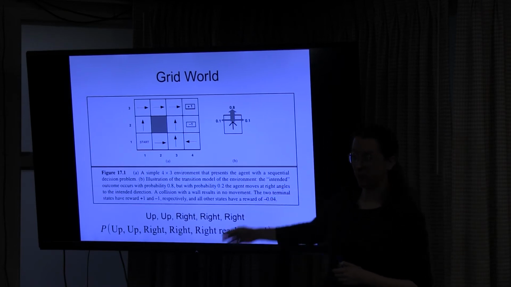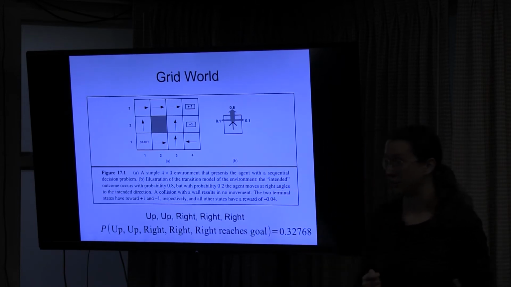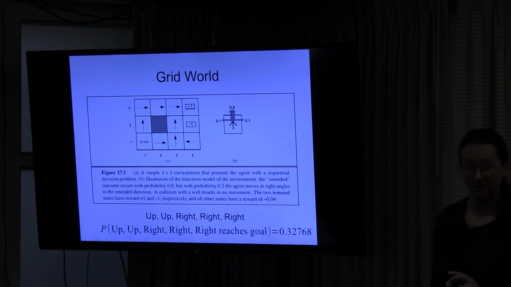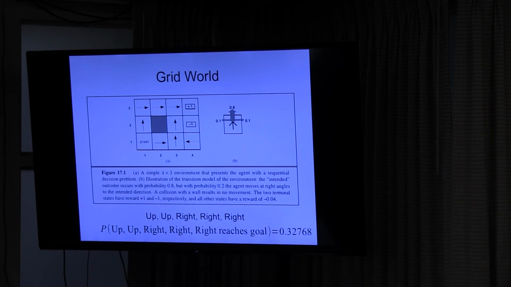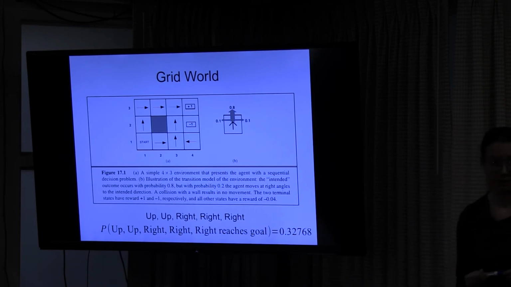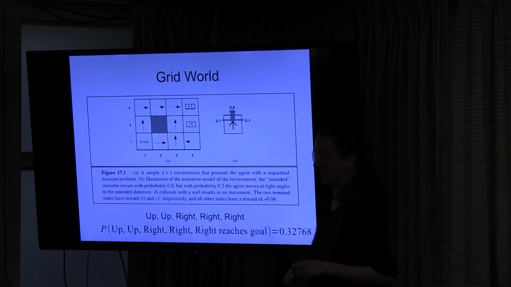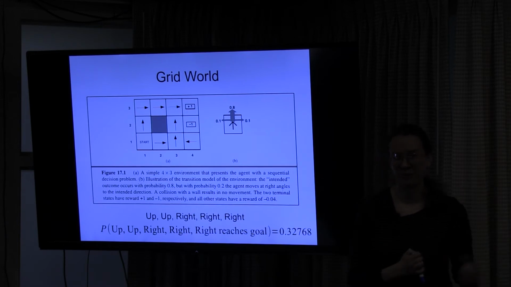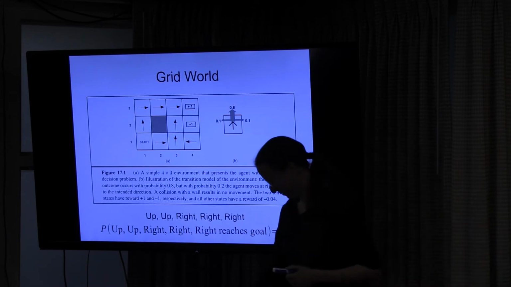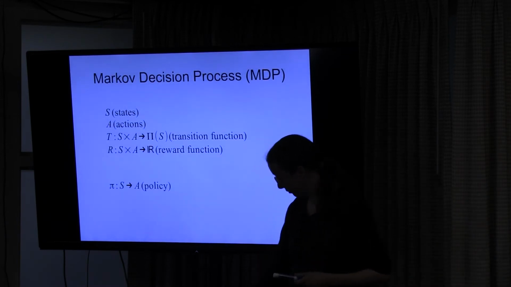What would happen if the reward's positive in other states? It would run away from the goal. Yeah, it would never try to get to +1 or -1. It would try to stay alive forever because it can get cookies as long as it avoids those termination states. We'll talk about this.